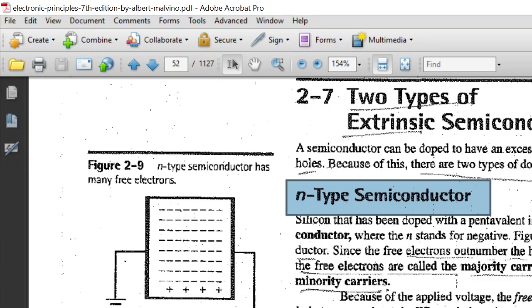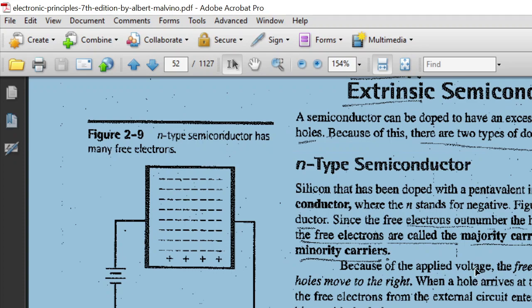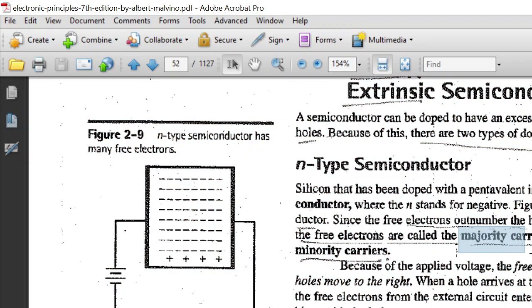I hope you understand why we call them majority carriers. Majority carriers are now the free electrons, because free electrons are now much more numerous than holes. Holes are created only due to the ambient temperature. Free electrons are created due to the ambient temperature as well as the impurity. So they are the majority carriers now.